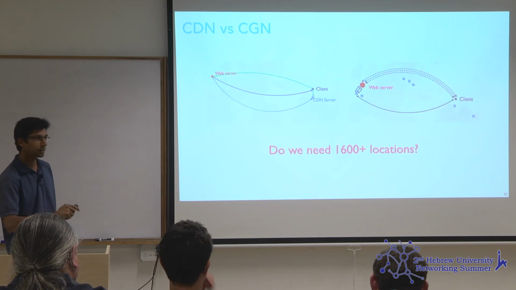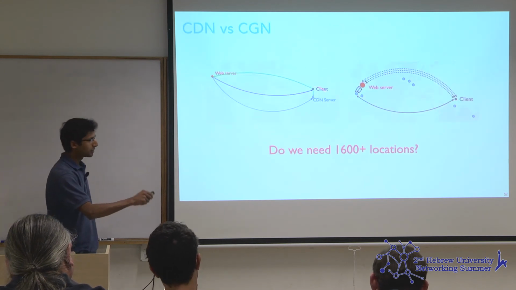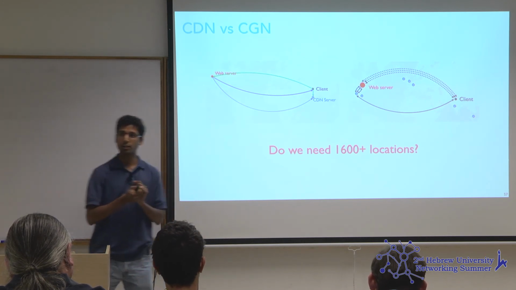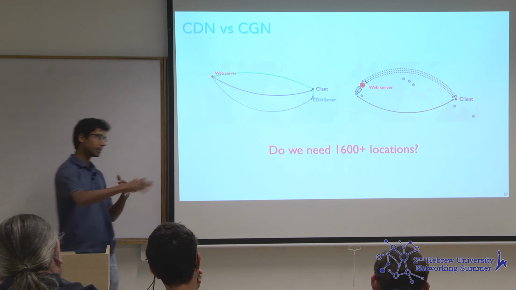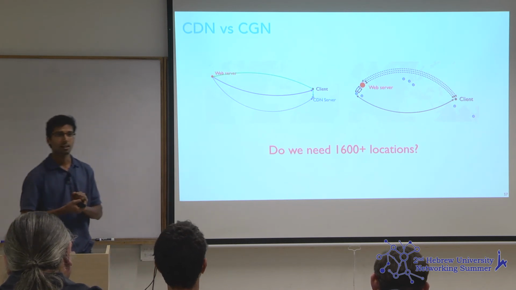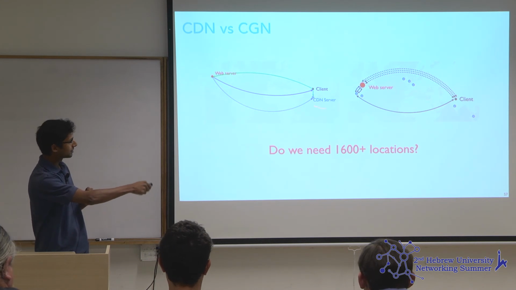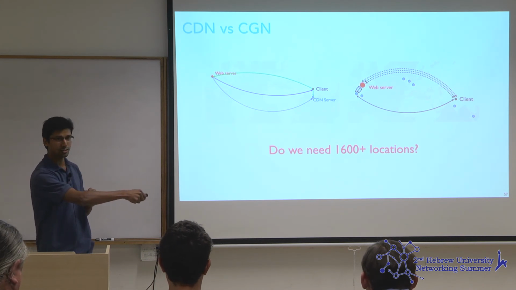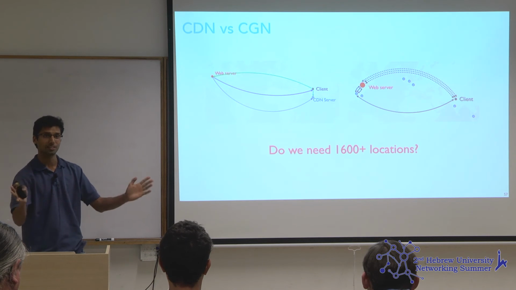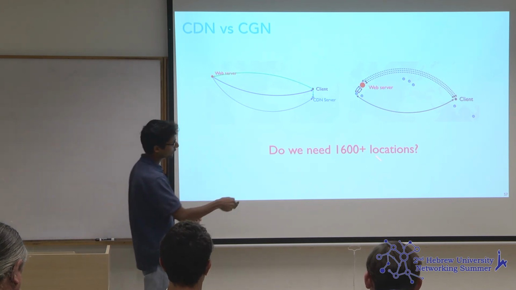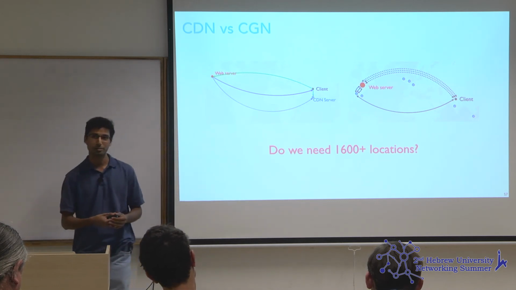So the question I want to leave you with is this. These are two very different models of how you could organize web page delivery, or at least for small pieces of content, web content delivery. You can have a CDN that does this with 1,600 plus locations, as Akamai claims, 200,000 plus web servers spread across 1,600 networks in the world.